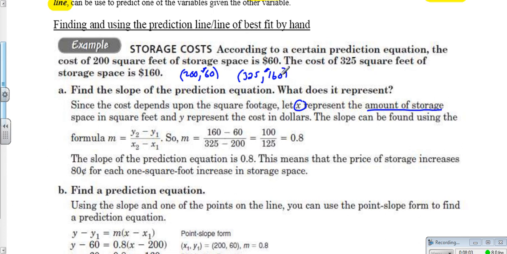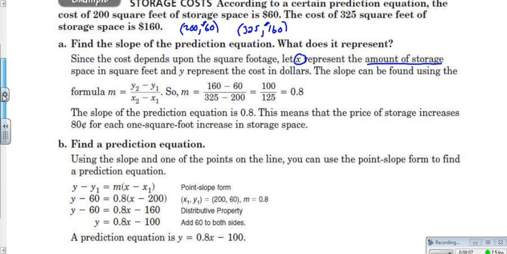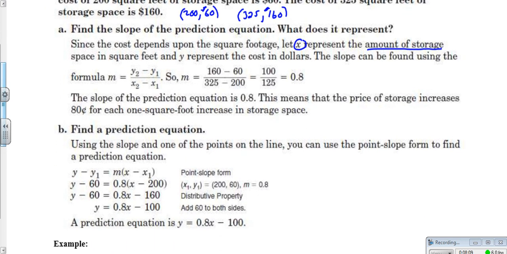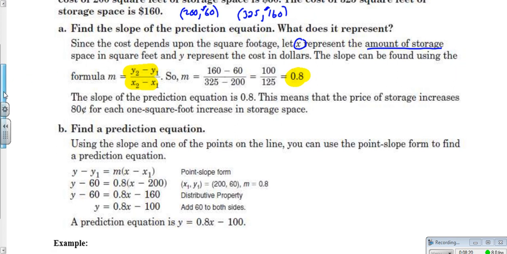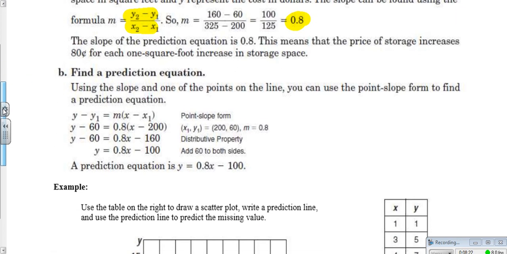So now we're going to be asked to go back to our prior knowledge of making equations from 2 coordinates. If you recognize this, we have the slope formula, the difference in y's over the difference in x's. So they do the subtraction and they get this number here, which represents slope. Alright, now we want the equation. So if you remember again, we use the point slope method, and that gives us this equation. We plug in the slope we found, which is 0.8.